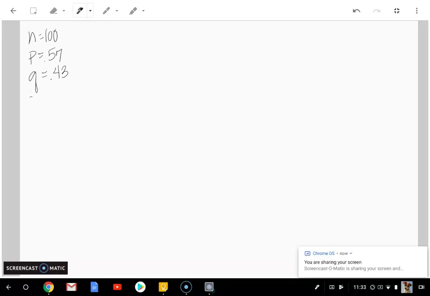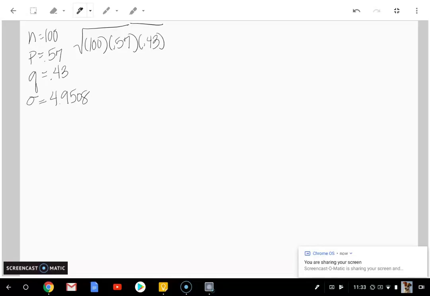And so we need to find the standard deviation of this. This is the square root of 100 times 0.57 times 0.43, and this is 4.9508.